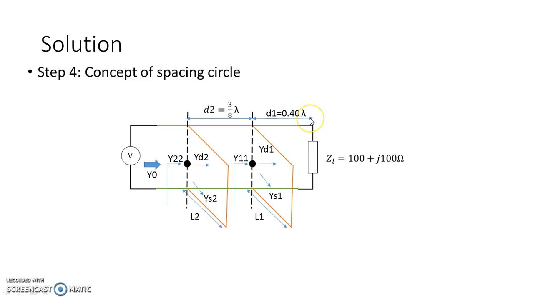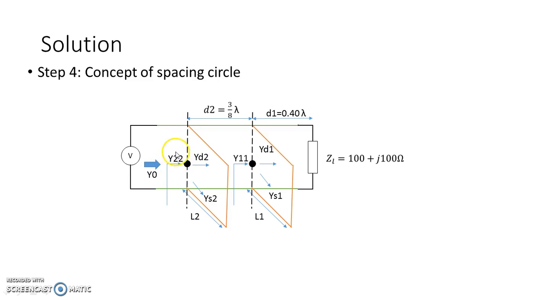From YL, if I move 0.40 lambda on a transmission line, I am going to reach Y11. After 0.40 lambda, I will walk 3 by 8 lambda. When I move 3 by 8 lambda, I will reach a point where my Y22 lies.